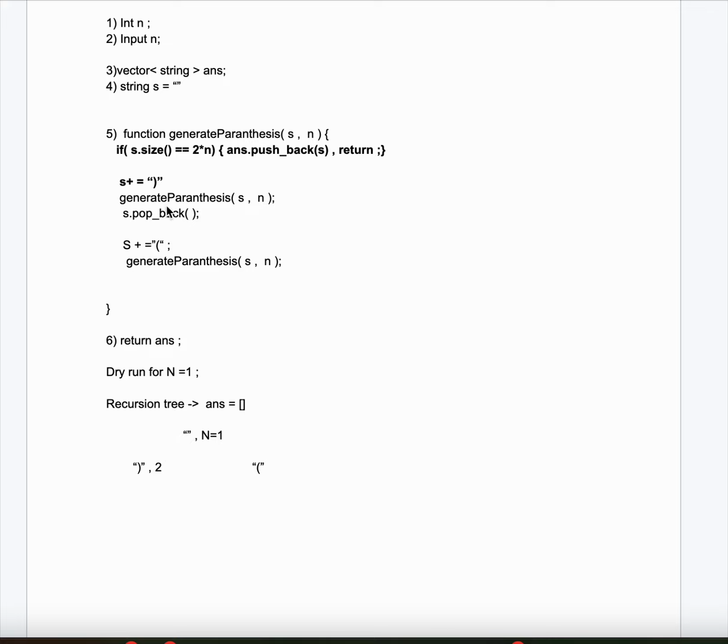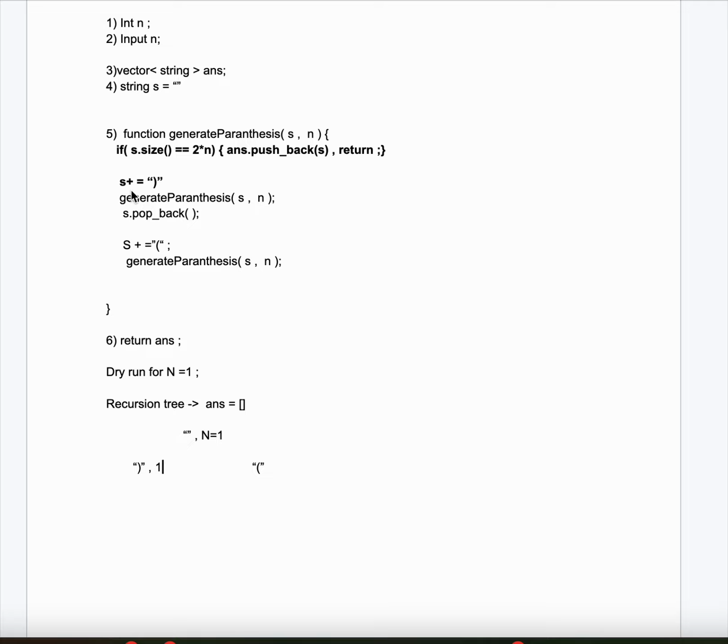Now it will pop back. Now this function is getting called, so we go into the top of the function again. If s.size equal to 2 times n, s.size is not equal to 2n, then we will go on further.